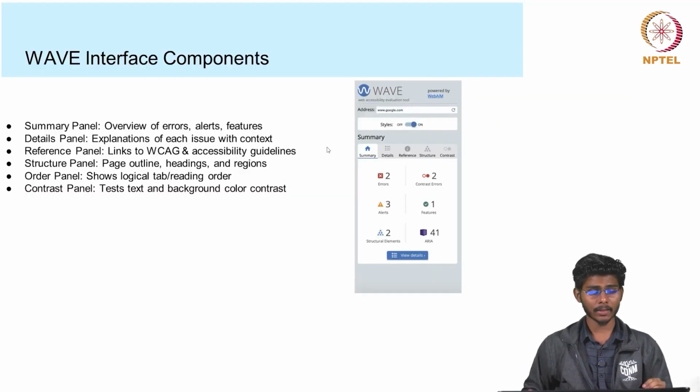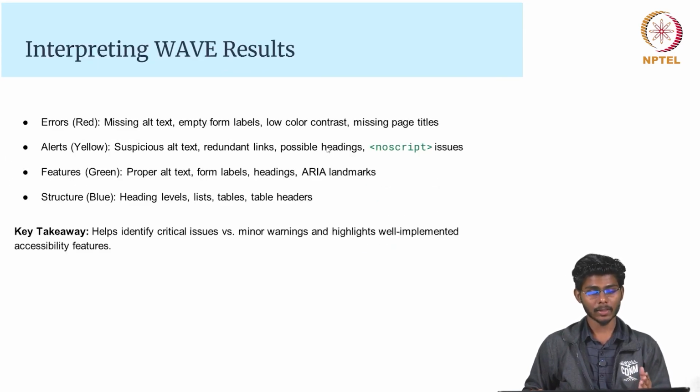As I mentioned, the summary panel and the details panel, so five panels, explain the analysis report in detail, like what elements are causing the issues. These are all things I have covered already. Red means missing alt text and the elements causing errors. Yellow indicates alerts, like potential barriers which can be reduced.